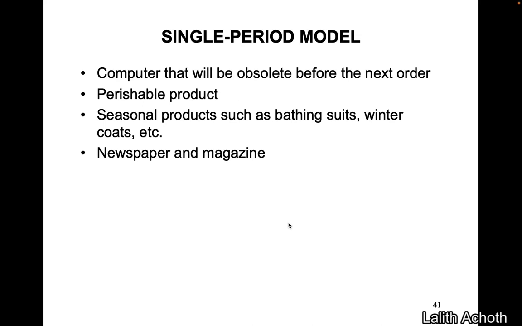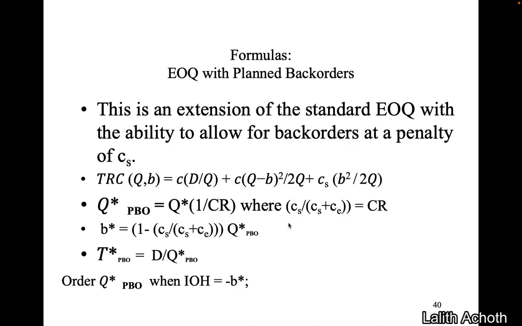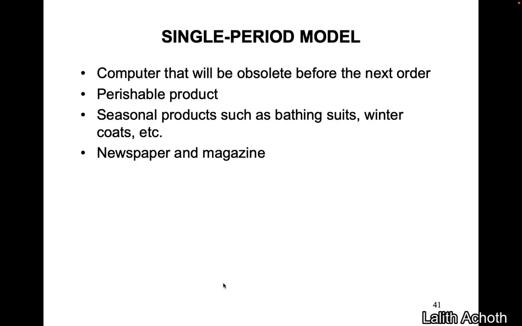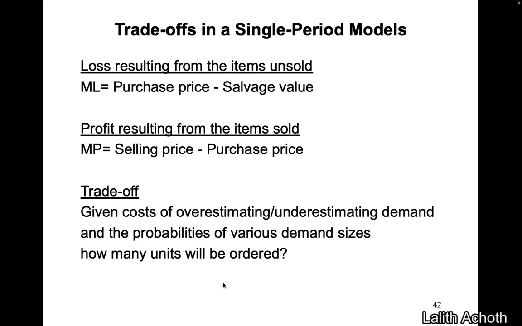And that is called the CS, the cost of stock out. Perishable products, yes, single period model is very relevant. Seasonal products such as bathing suits, blankets, soft drinks, winter wear, newspapers, magazines are all examples.